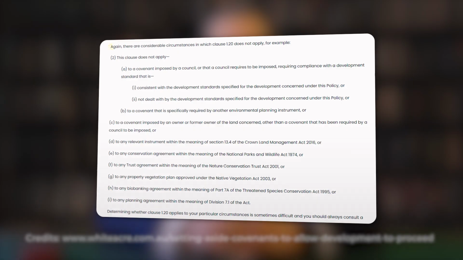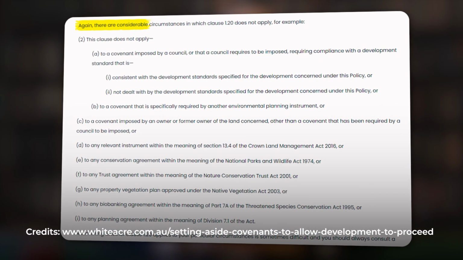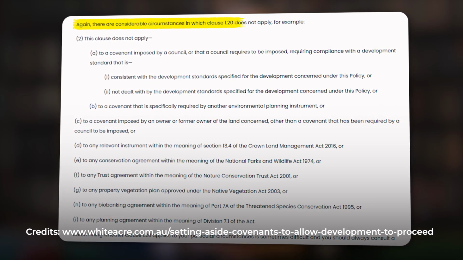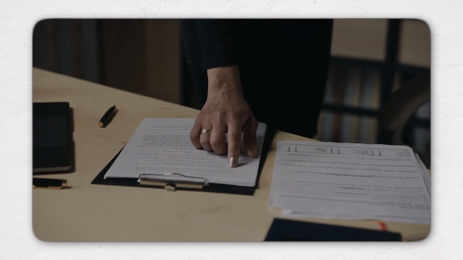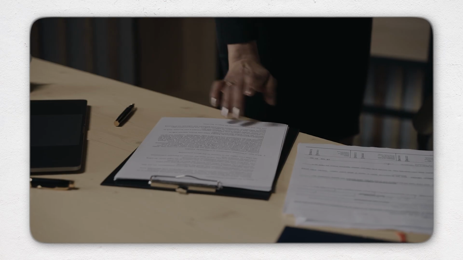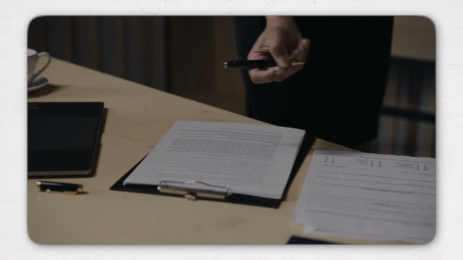So it reads almost identical, I think. And again, similar to 1.9a, there are considerable limitations to when section 1.20 applies. And so you need to, again, be really careful, read through all those limitations and make sure that section 1.20 applies in your particular circumstance.